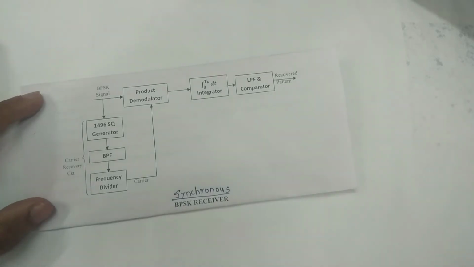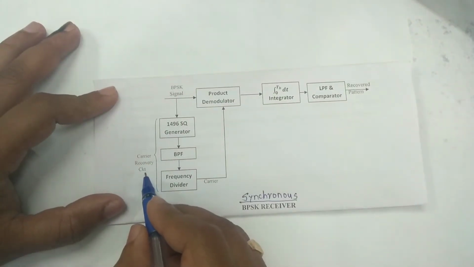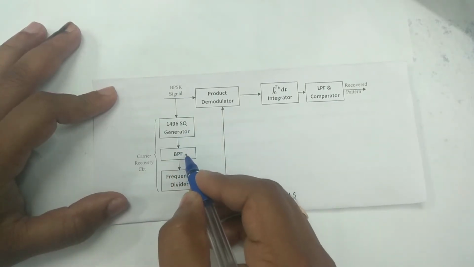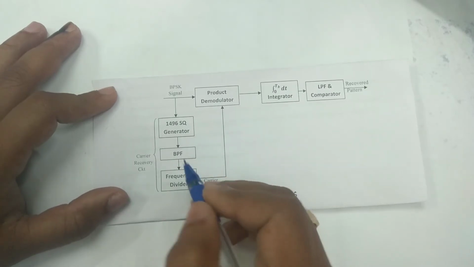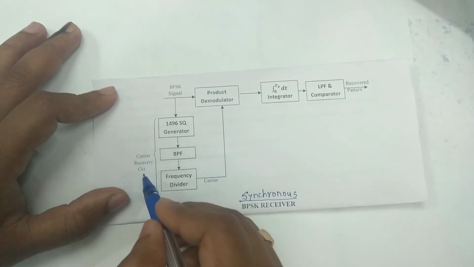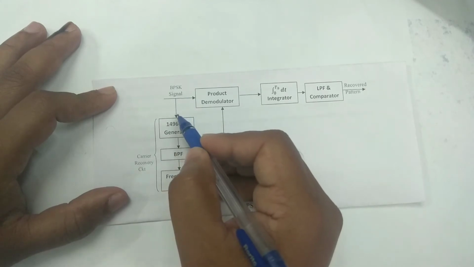Here we will be seeing one block, that is the carrier recovery circuit. In this carrier recovery circuit there is a squaring circuit, then a band pass filter and a frequency divider network. These three blocks together are the carrier recovery circuit, and the input to them is the BPSK signal.